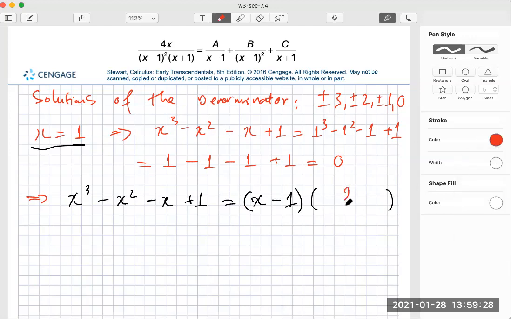We can always do this. We can only write it as a factor of x minus a solution multiplied with something. The question is, what is this question mark here? How can we find it?